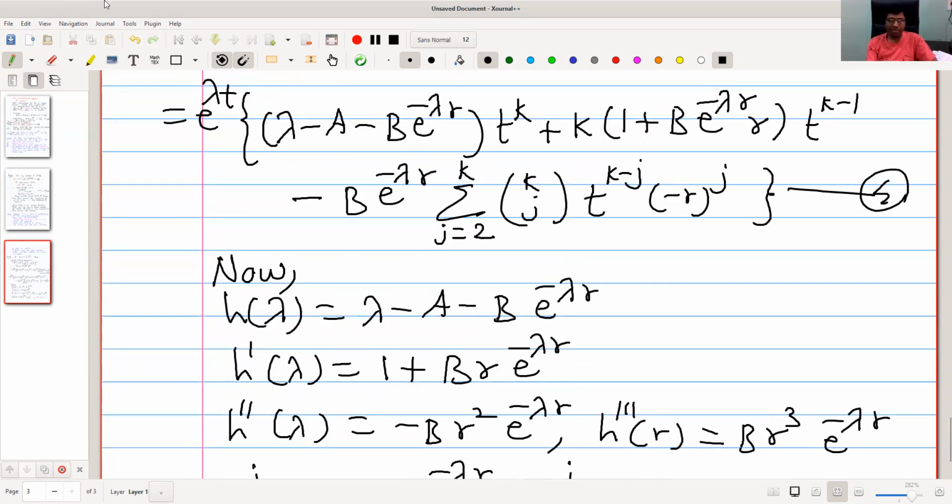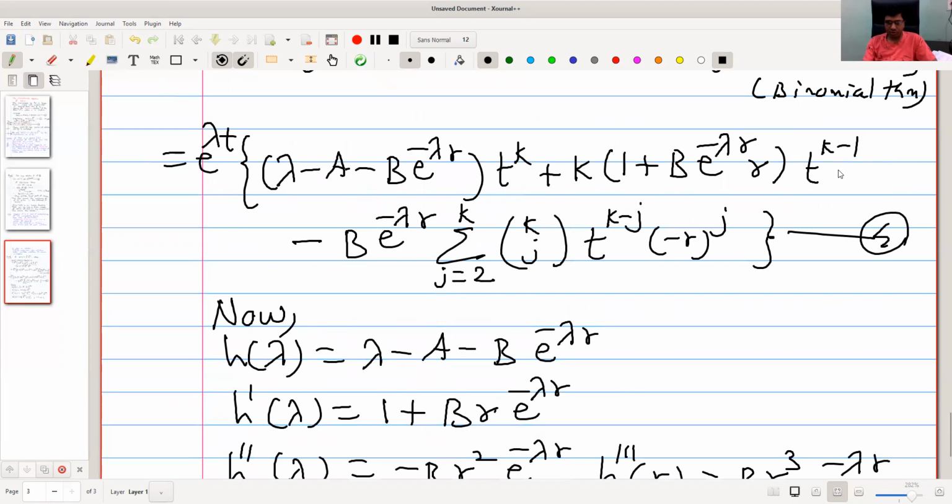But now observe this thing. What is the first bracket? Lambda minus a minus b e raised to minus lambda r. This is simply h of lambda, into t raised to k. This is k choose 1. What is 1 plus b e raised to minus lambda r into r? It is nothing but h dash of lambda, t raised to k minus 1.